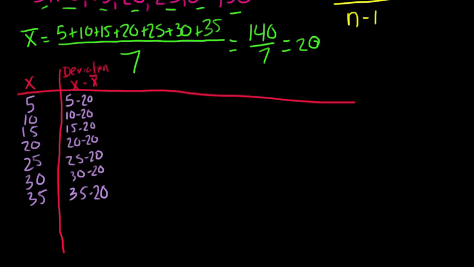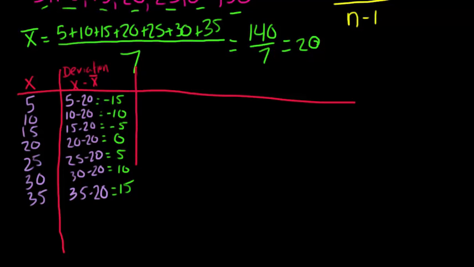So we will say 5 minus 20, negative 15, 10 minus 20, negative 10, 15 minus 20, negative 5, 20 minus 20, 0, 25 minus 20, 5, 30 minus 20, 10, 35 minus 20, 15.